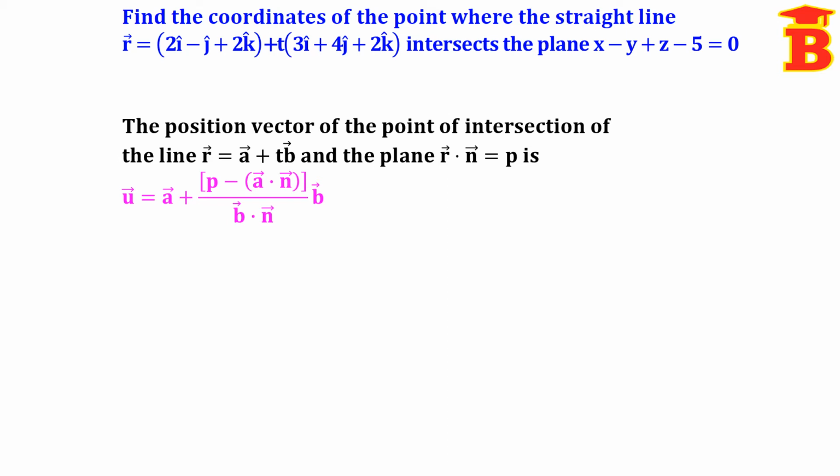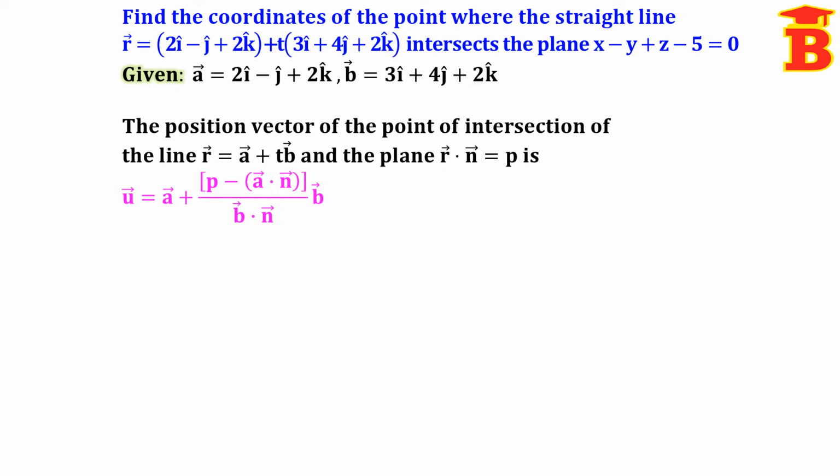The line is taken as r vector equal to a vector plus t into b vector. So first compare this line. Here a vector is 2i minus j plus 2k and the b vector is 3i plus 4j plus 2k.